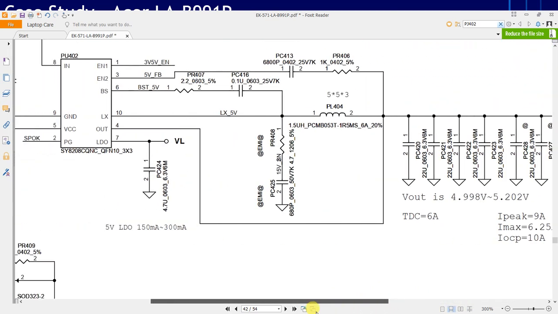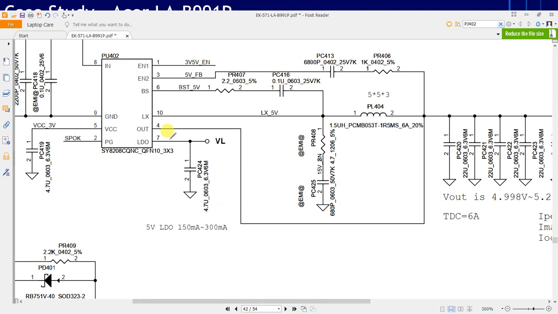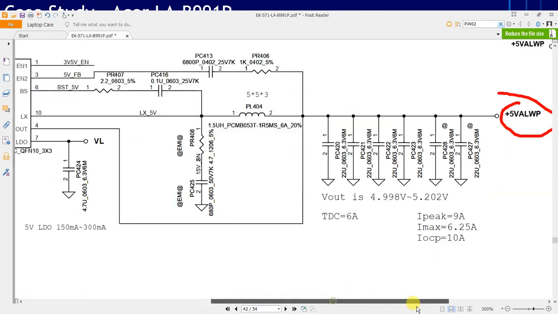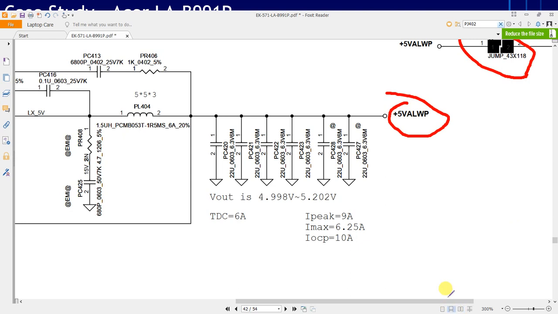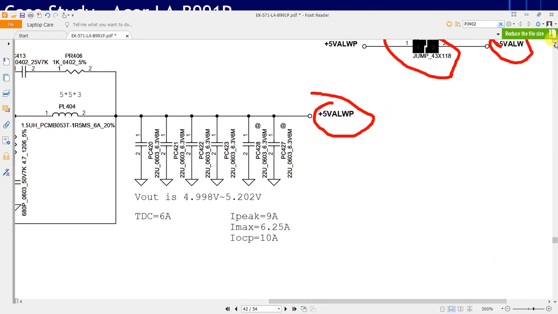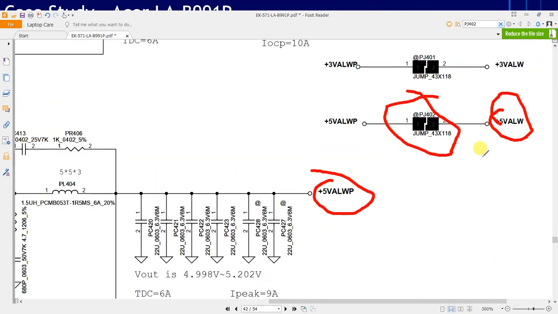And let's see how this plus 5 volt always is dropping, an indication that there is a short on this output side.